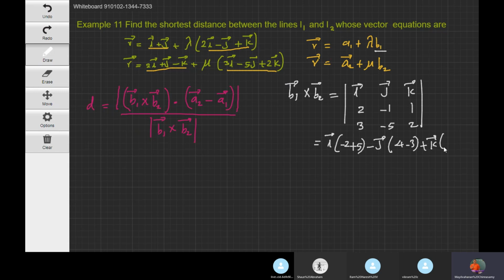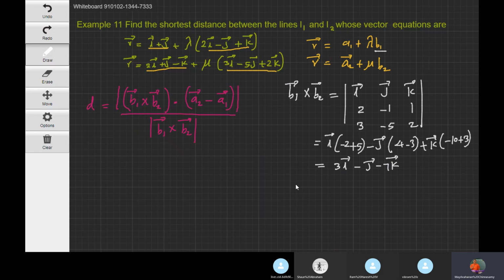K vector: leave the first row, last column: minus 10, minus of minus, so minus 10 plus 3. So our final answer becomes 3i minus j minus 7k.